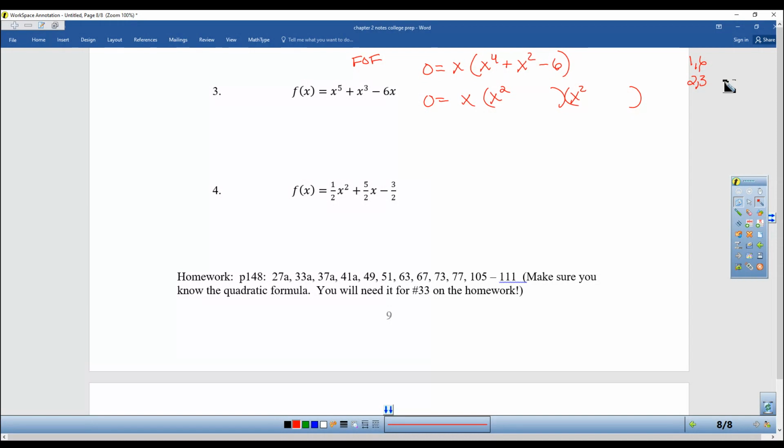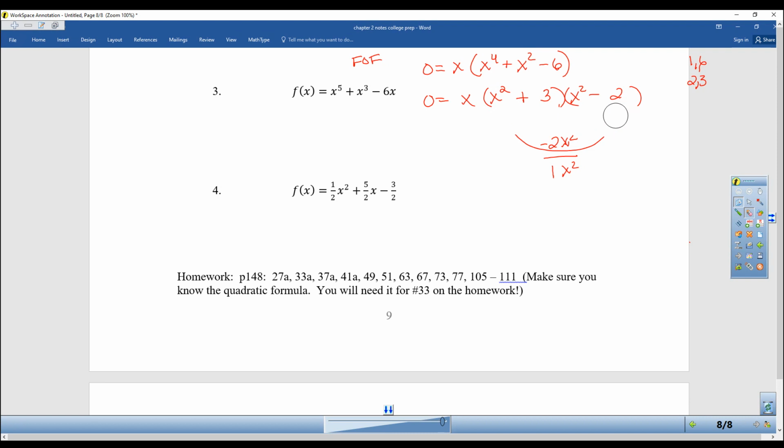I always start with the numbers that are closest together as my first guess if I'm just guessing and checking. You don't have to make these little loops if you're an awesome factorer, but I do find that this helps some people. I have a 3x squared and a 2x squared, and I'm trying to make an x squared. So if this were positive and this were negative, that would make a 1x squared. So 3 is positive and 2 is negative.